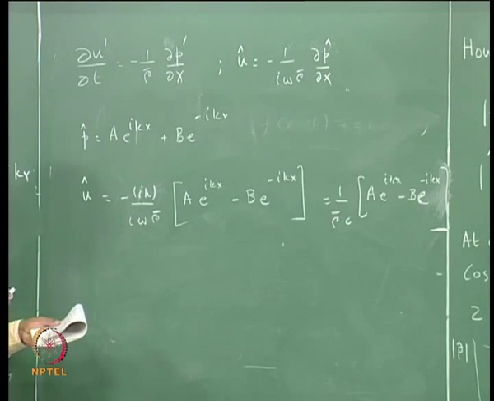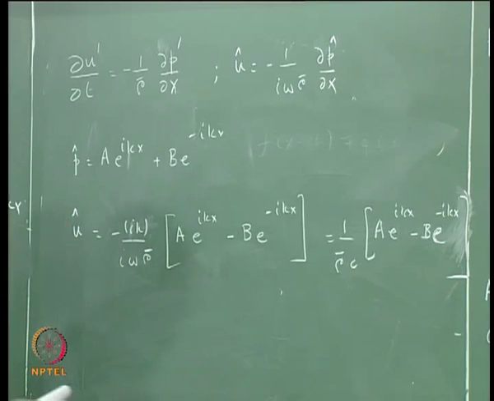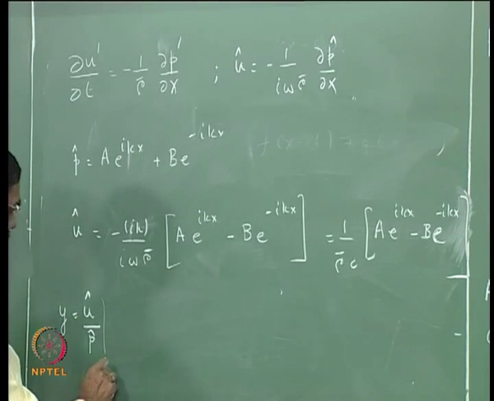So once we have A and B and phi, that means we essentially have capital A and capital B, so you can actually get the velocity and then you just have to divide this velocity by the pressure and you will get the admittance, right? Is that clear? Just to remind you of the definition, admittance y was defined as u hat over p hat at whichever surface you want, and here it is x equal to 0.